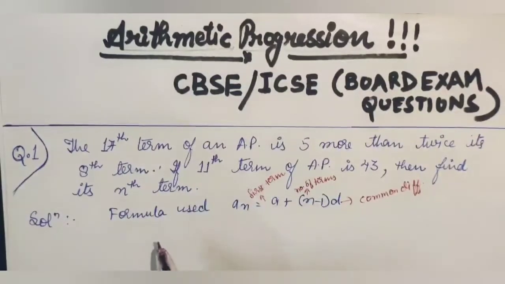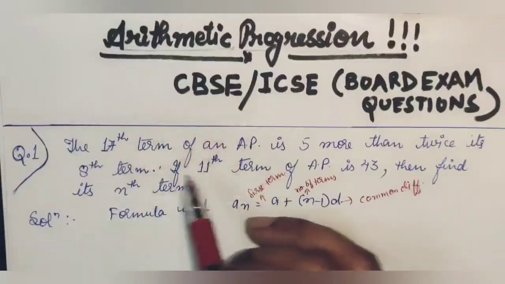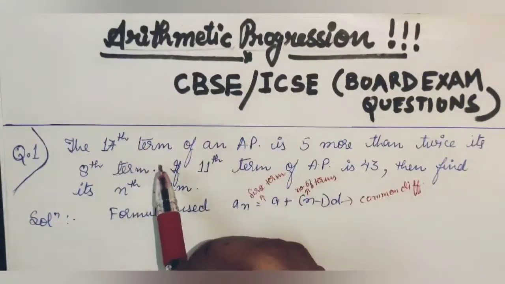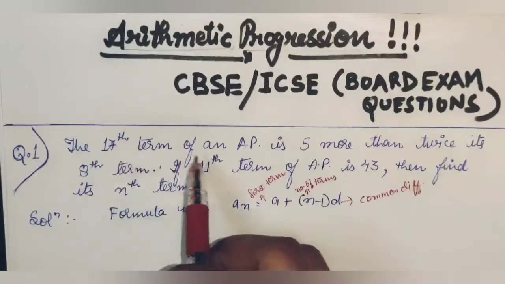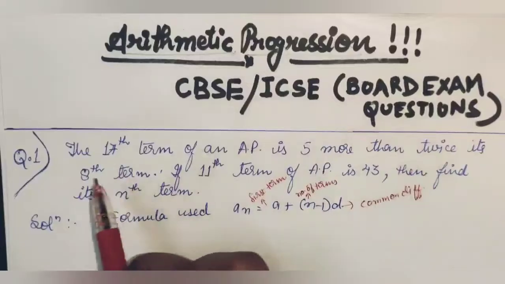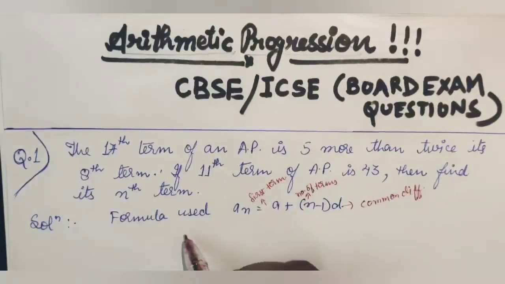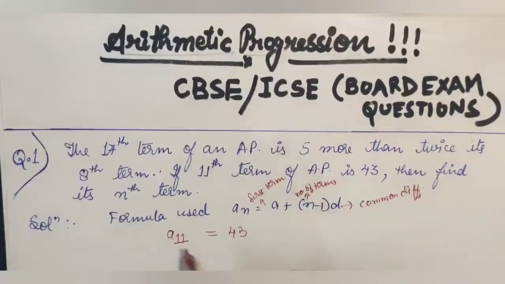So first of all, I will convert these worded sentences into mathematical form. The 17th term of an AP is 5 more than twice its 8th term, and the 11th term of the AP is 43. So you can easily write a11, the 11th term, is equal to 43.